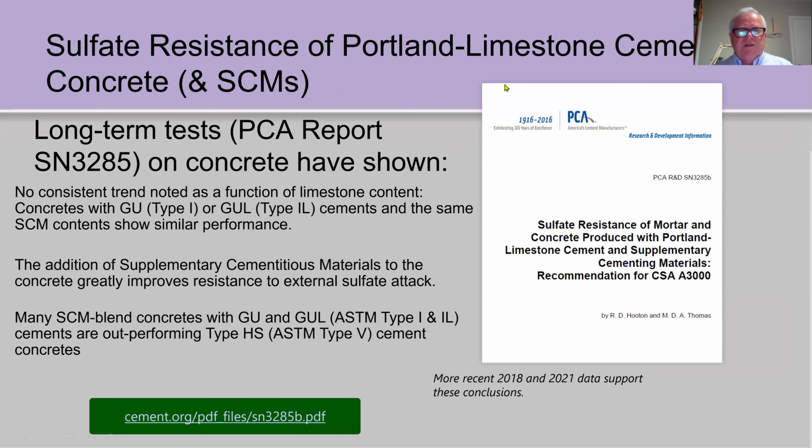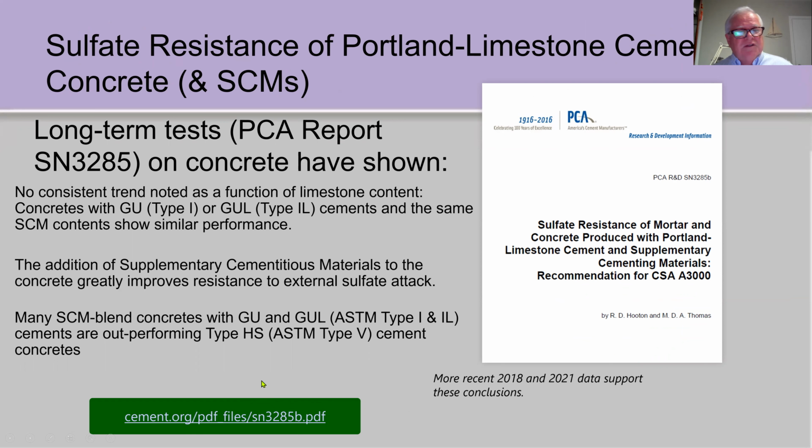We looked at sulfate resistance. Michael Thomas and I did work on a long-term study. We set thousands of beams out in 2010 in severe sulfate exposures, and we'll be monitoring them again this year after 12 years. But we wrote this report in 2016, which you can download for free from the Portland Cement Association.